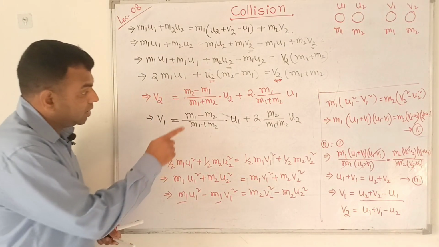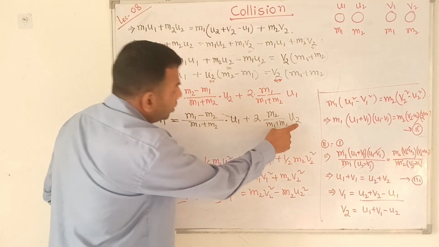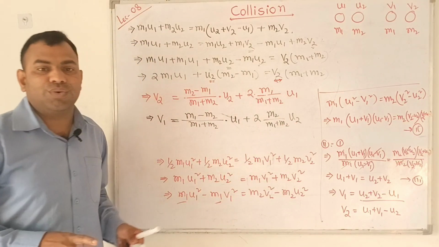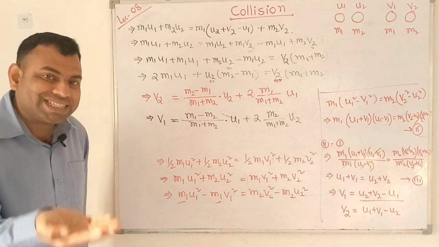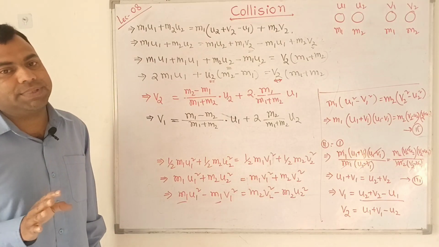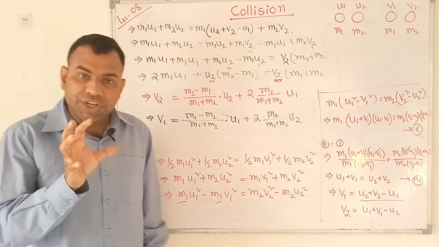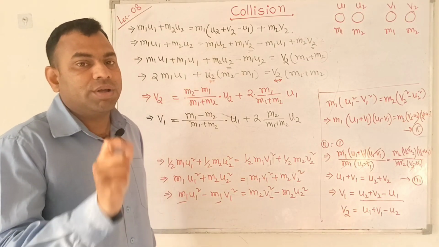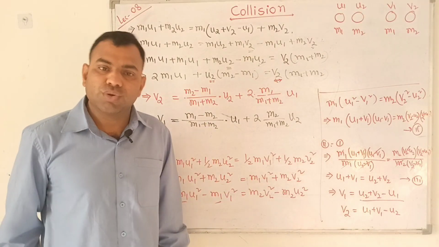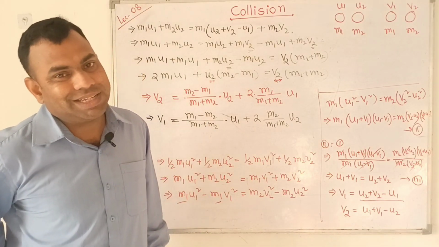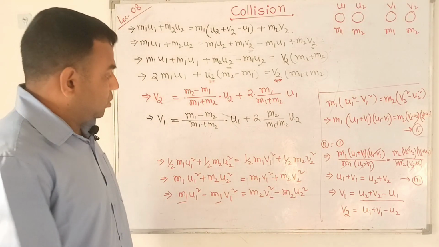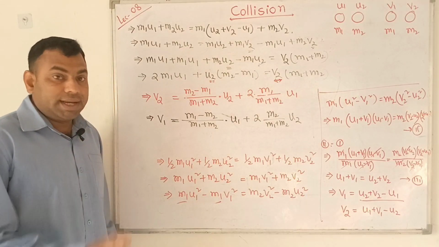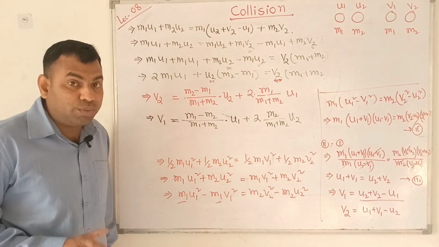On the right side, look, u1 we know, u2 we know, the masses we know. So the known quantities are on the right side and the unknown quantity is on the left side. This is the derivation of finding b1 and b2. So we can easily find these values. And this equation is valid only for whom?